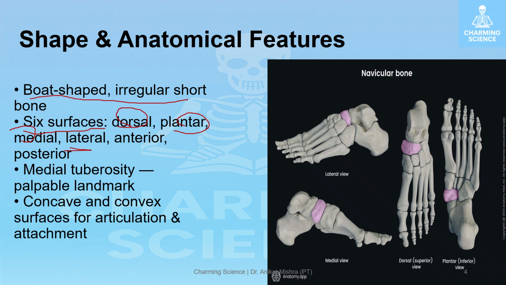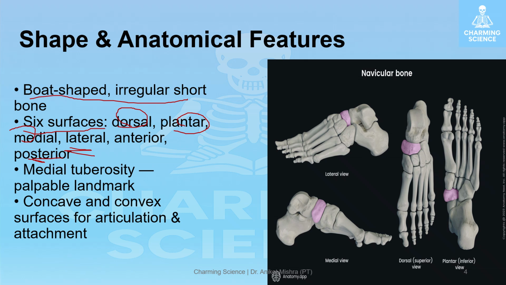The lateral surface is smaller and sometimes articulates with the cuboid bone in some individuals. The posterior surface has a concave facet for articulation with the head of the talus and forms part of the talonavicular joint.